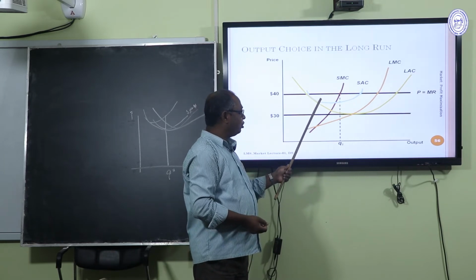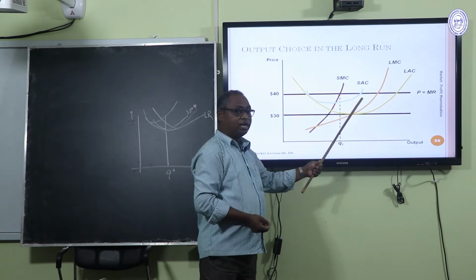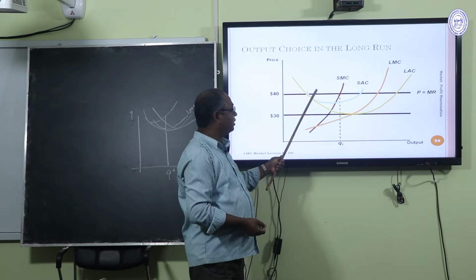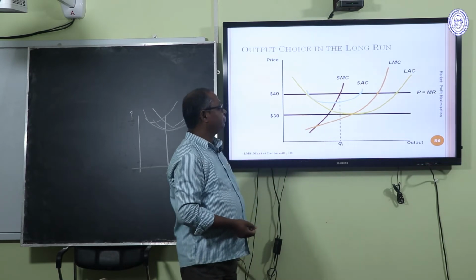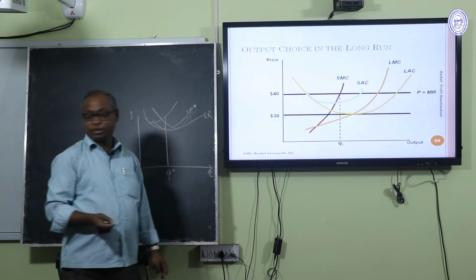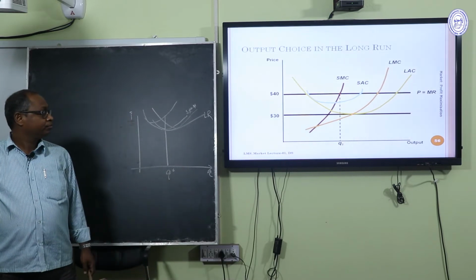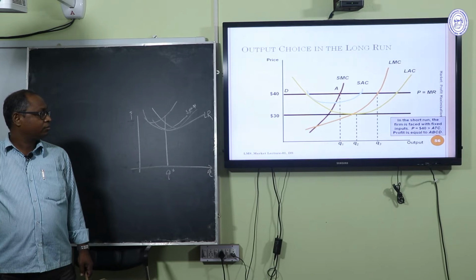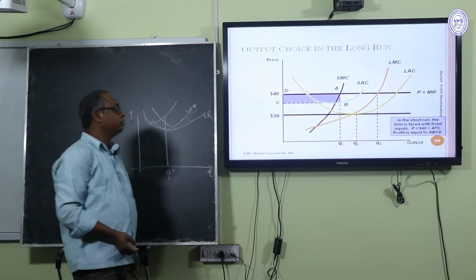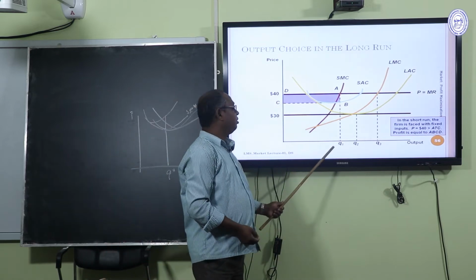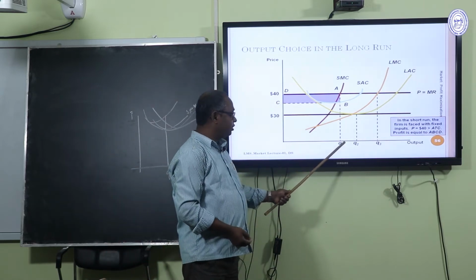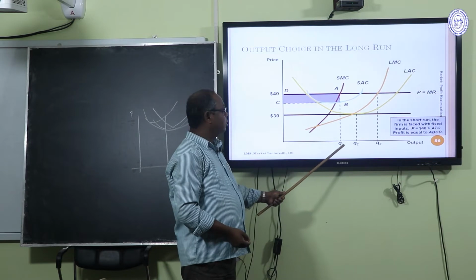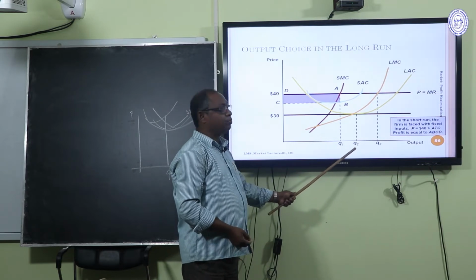It can also be produced using another plant size like that. So suppose you are here, then what will happen? If I choose that plant, then to produce Q star, if it is not optimal in the short run, Q star will be optimal in the short run.